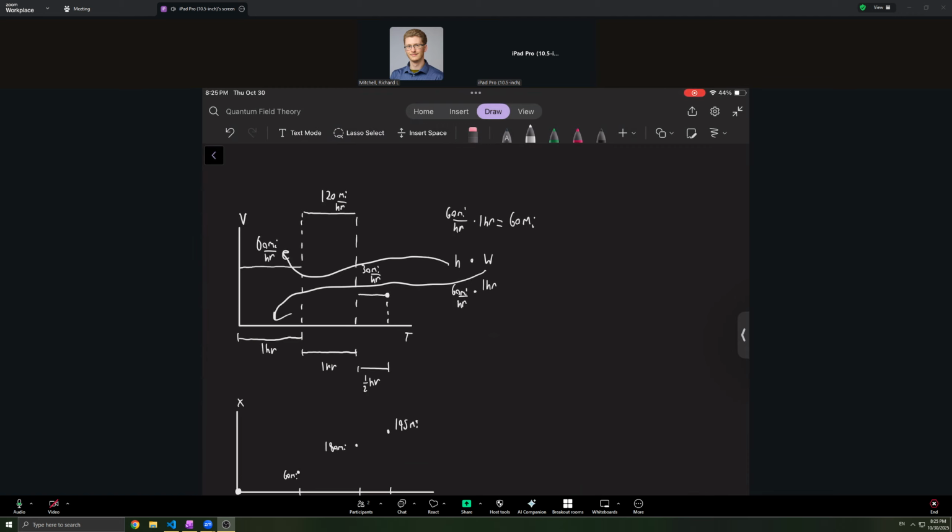And you see here, when thought about in this way in height and width, we get exactly the calculation for when we are going from velocity to position. Doing 60 miles per hour times 1 hour gives us 60 miles.